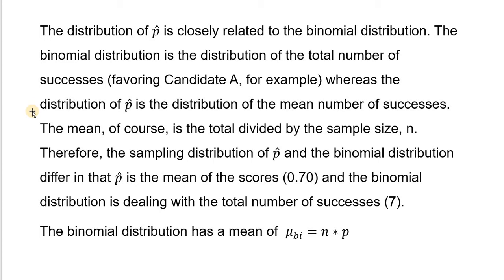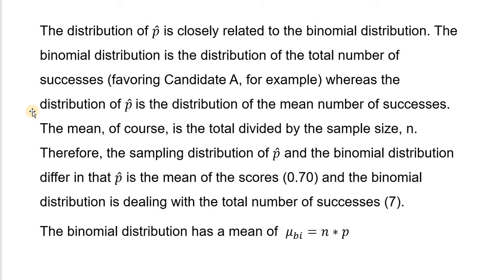The mean, of course, is the total divided by the sample size. So that's how we're going to derive the mean and the standard deviation from the binomial distribution to the distribution of sample proportion. They differ in that p hat is the mean of the scores, 70%, and the binomial distribution is dealing with the total number of successes, which is 7 successes.